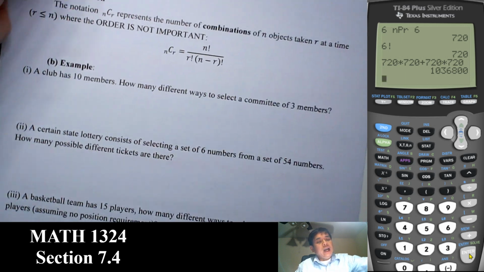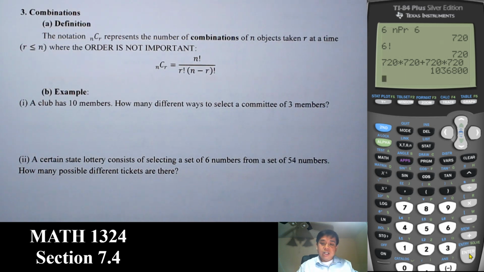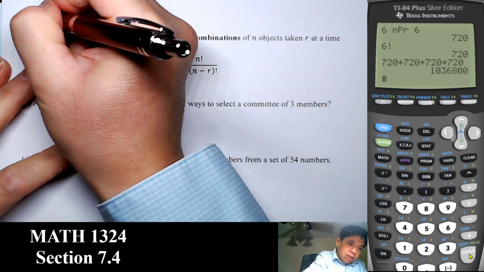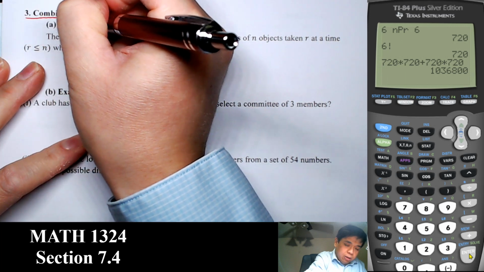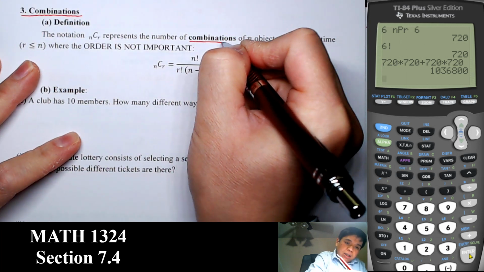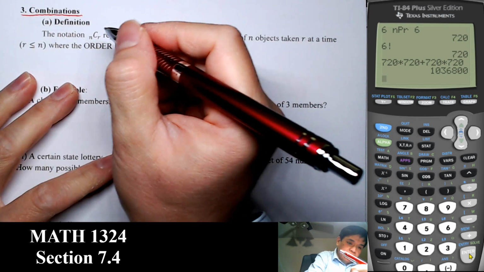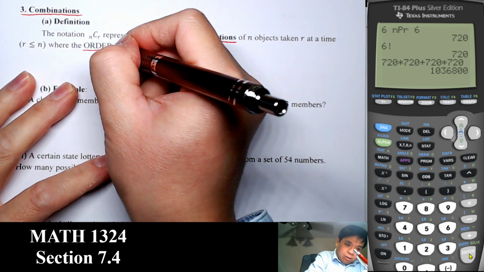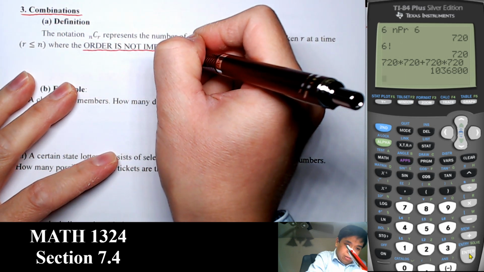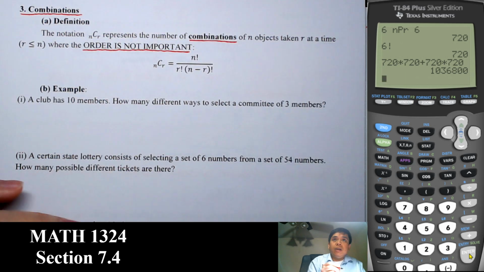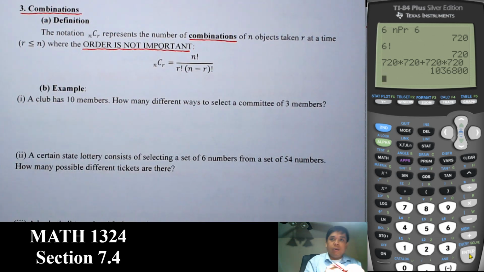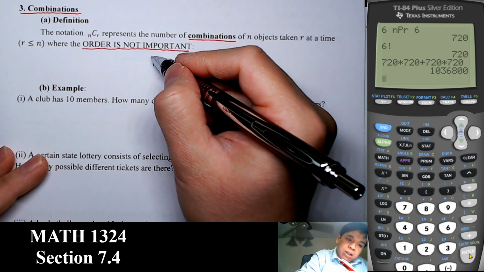Right. Now we go to completely different things. It's called a combination. A combination of n objects taken r at a time where order is not important. The formula is this.